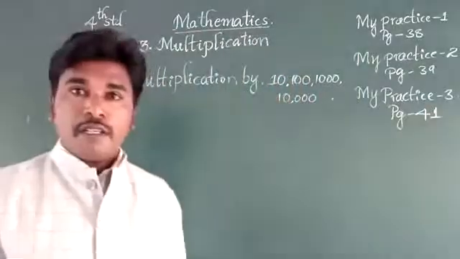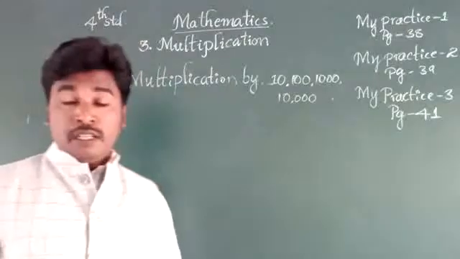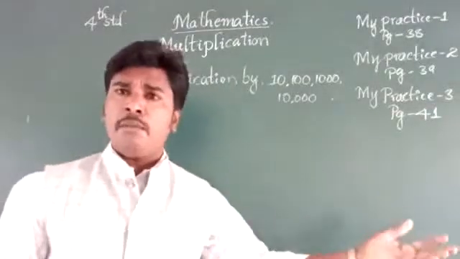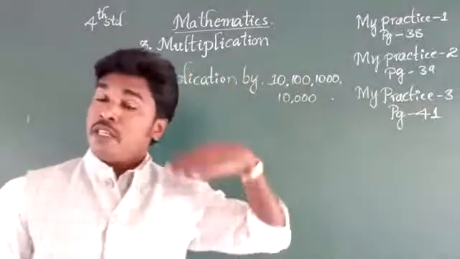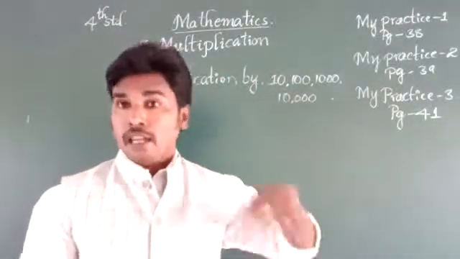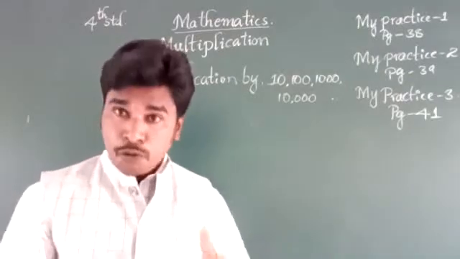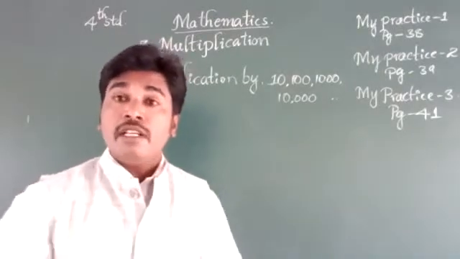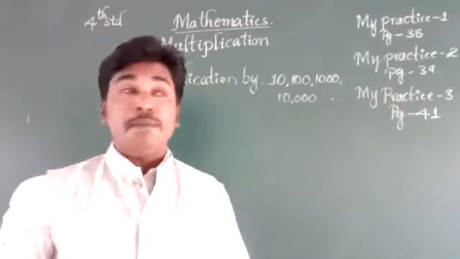Okay, dear students. When you are multiplying any numbers with 10, 100, 1000, 10,000, lakh, 10 lakh, crore, like that, how to multiply the numbers in the simplest way? It's very simple, dear children.